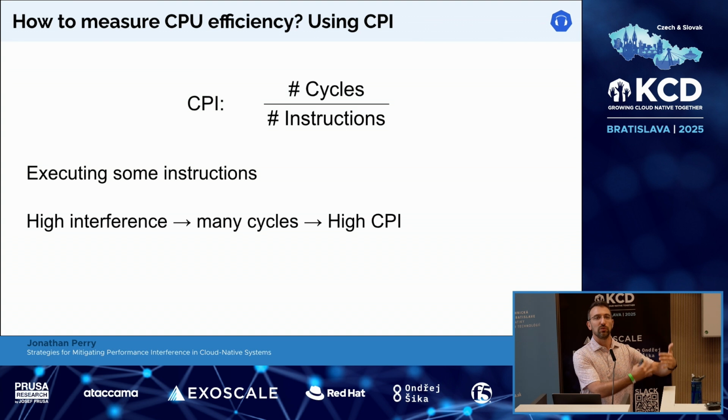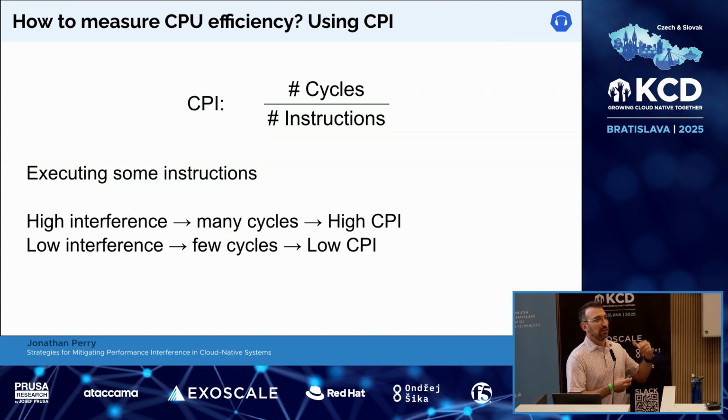The CPU has to stall, waiting for memory, so it's going to take many cycles to execute those instructions. On the other hand, if there's less memory contention, then the CPU can access caches, everything is fast, so the number of cycles is low to execute those instructions. So by looking at the ratio of cycles per instruction, you can get a metric of how efficient the CPU is. High is inefficient, low is efficient.